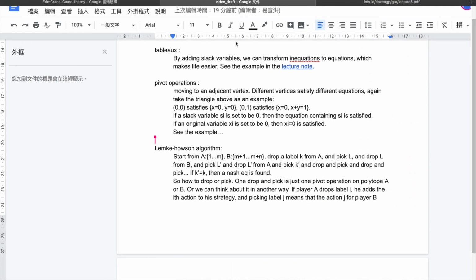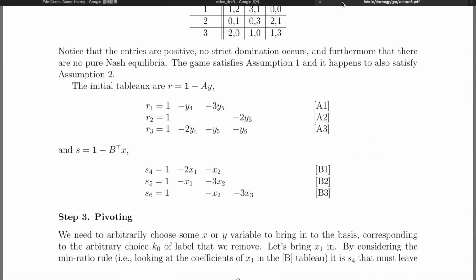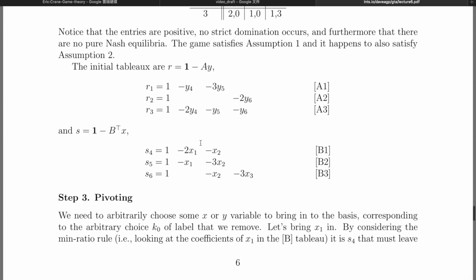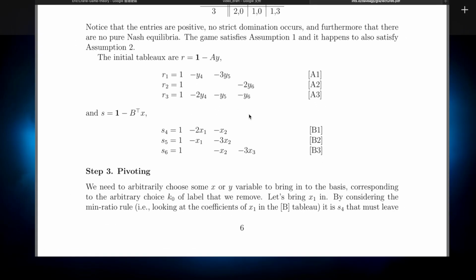Well, let's see the example of pivot operation, how it is operated. This is the original tableaux for A and for B. The R1, R2, R3 are called basis variables, and these are non-basis variables.